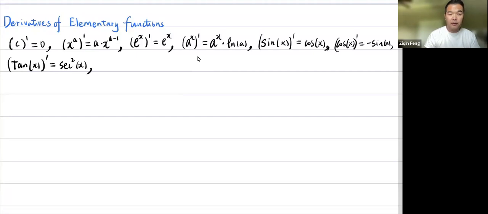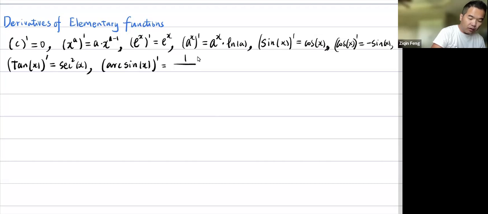We need to remember them for the test or final exam. And then we discussed inverse functions using the implicit differentiation method. So we know that arc sine of x prime is 1 over square root of 1 minus x squared, right?